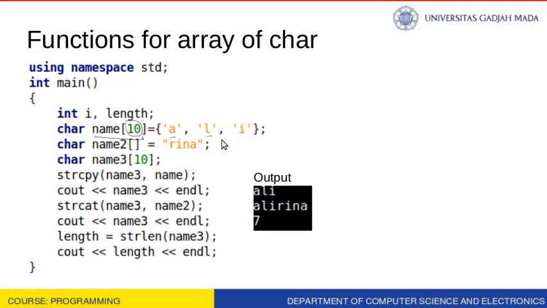This is okay. The second array is name2, and the third array of char is name3, and the size is 10. Now I will demonstrate a few functions which we can use in array of char.